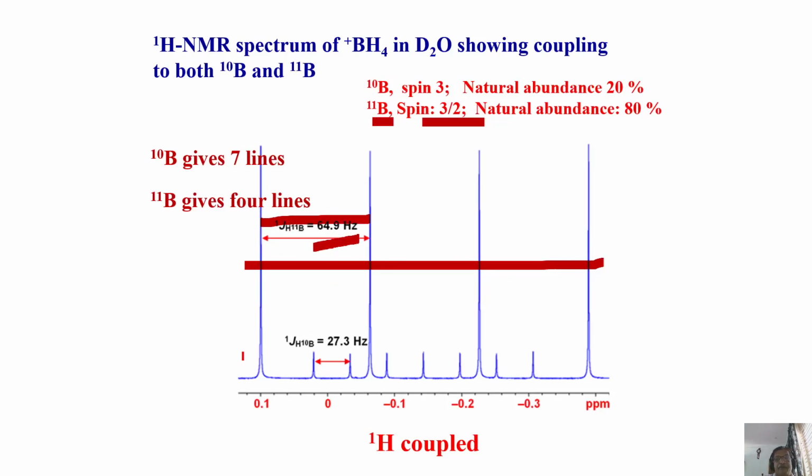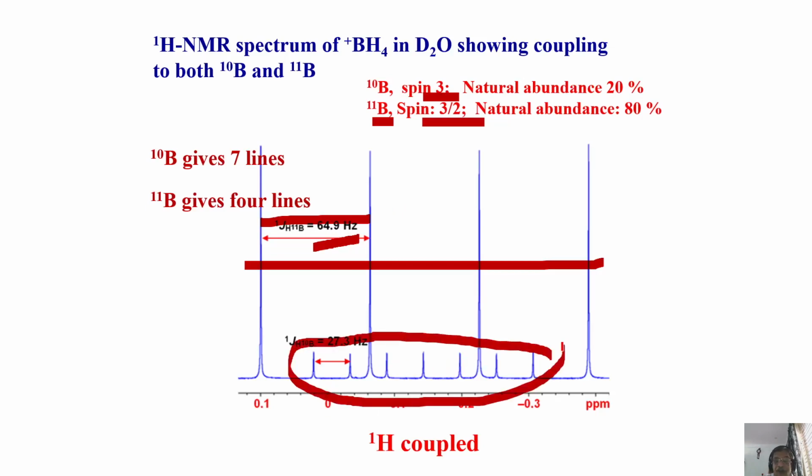What about B10? Its spin is 3. If you put 2nI plus 1, 2 into 3 plus 1, 7 peaks you should get. 1, 2, 3, 4, 5, 6, 7. Fantastic. You are seeing all 7 peaks of equal intensity. But what is the intensity compared to this and this? This is much larger than this.